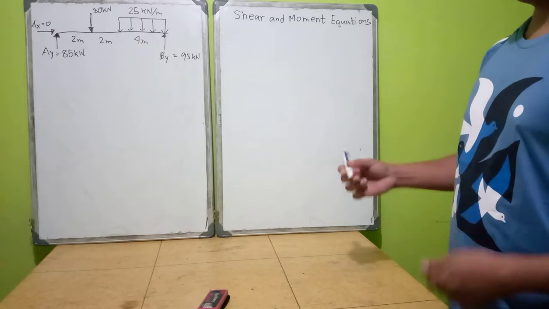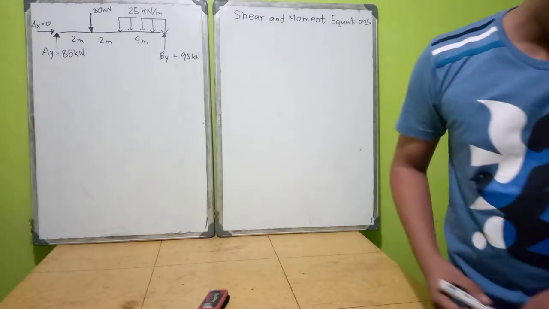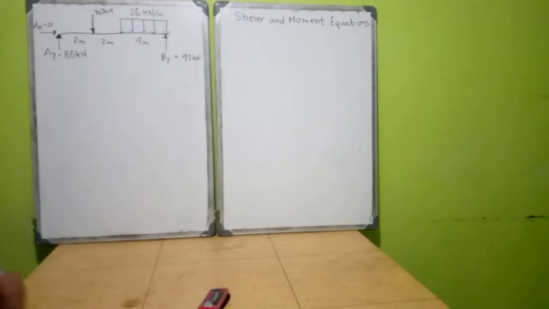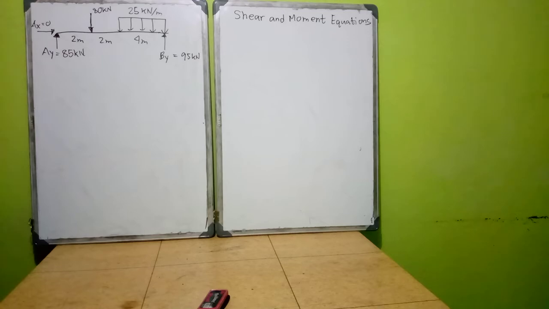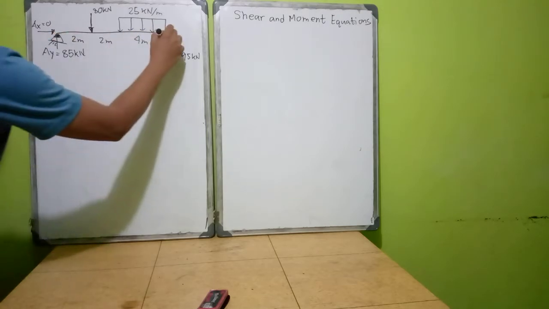In order to do that, we will divide our beam into various sections. These are the reactions at the supports: a pinned support here, and a roller support there.